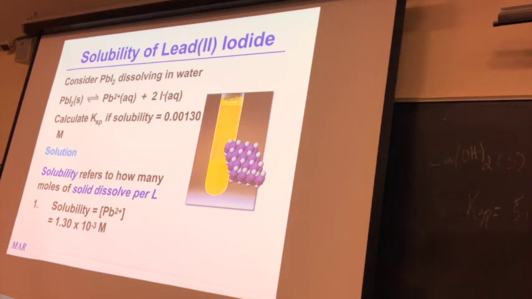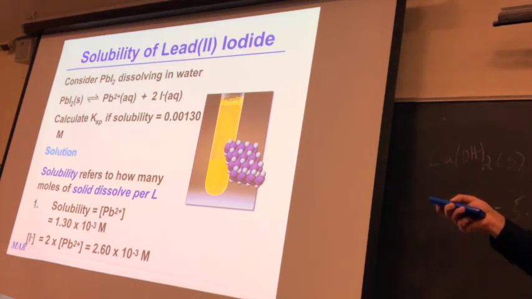2-to-1, yeah. You make 2 iodides for every 1 PbI2. So your solubility of iodide will be twice the lead concentration, 2.6 × 10^-3. Again, remember, if you see anything about solubility, it's about the solid.